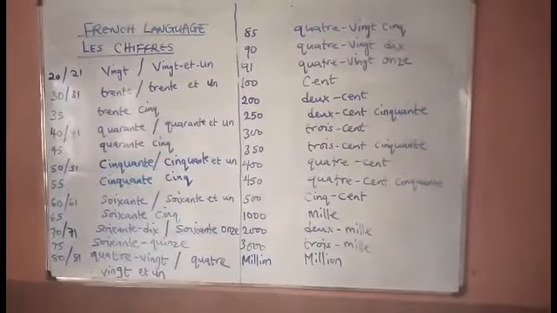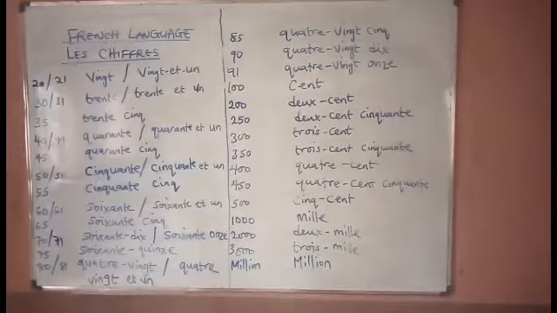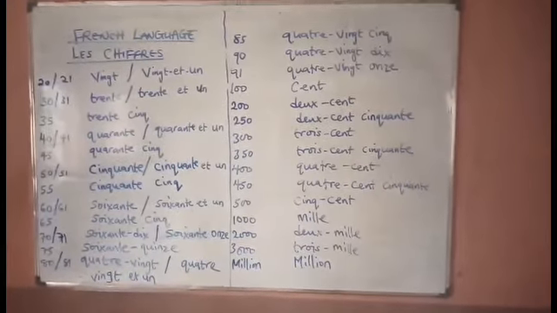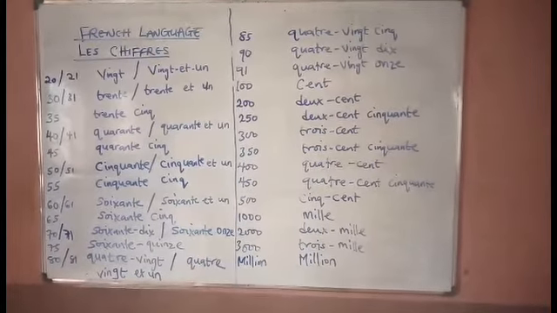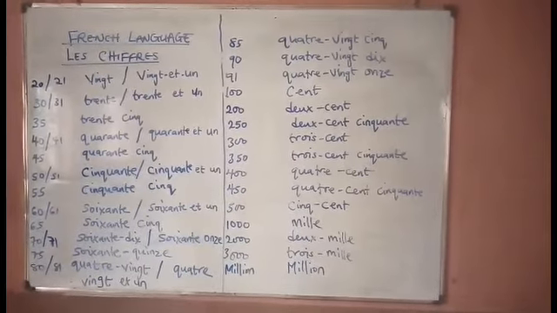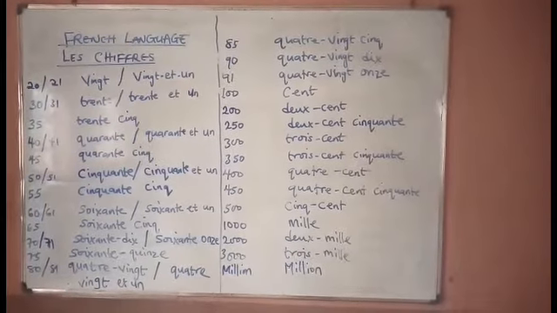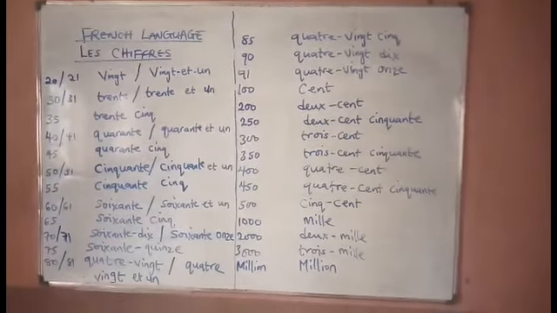1,000 we have mille. 1,000 is mille. And at 2,000 we have deux mille, just like at the 100. You have cent. At 200 you have deux cents. At 1,000 you have mille. At 2,000 you have deux mille. At 3,000 trois mille.